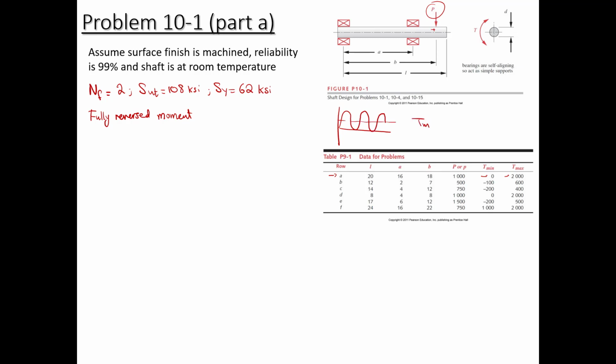So we have T mean in this case equal to the amplitude torque equal to T max over 2. So it's 2000 over 2, that's 1000. And the dimensions are inches for these three. The distances are in inches. This one is in pound force, and these are in inch pound.